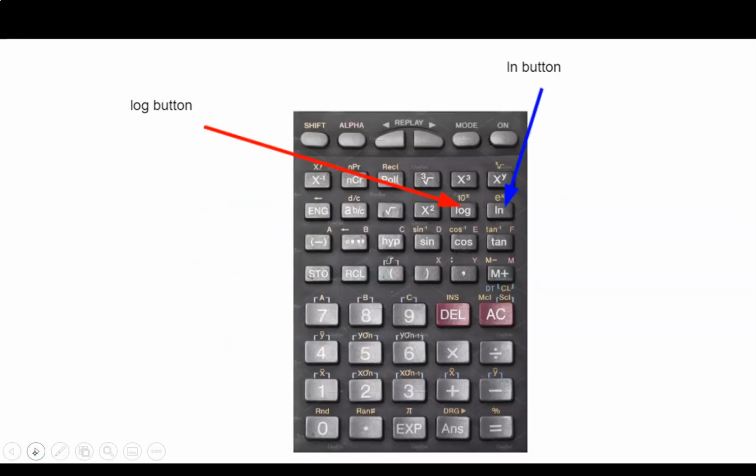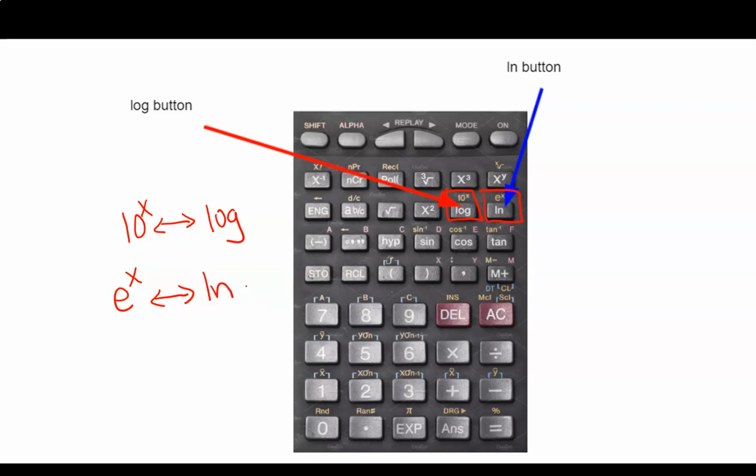And you can find these buttons on your calculator. Please note that when you're looking at the log button, you might see 10 to the x above it. That's because 10 to the x is an inverse to log. And if I have the natural log, e to the x is the inverse of the natural log.